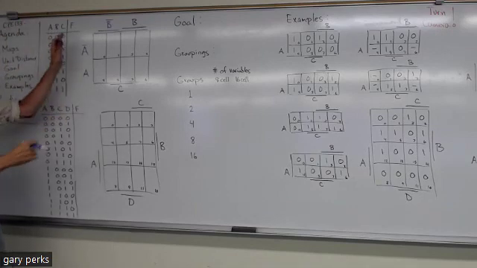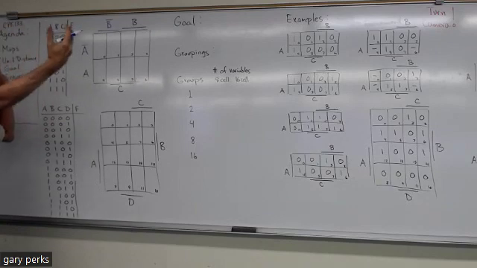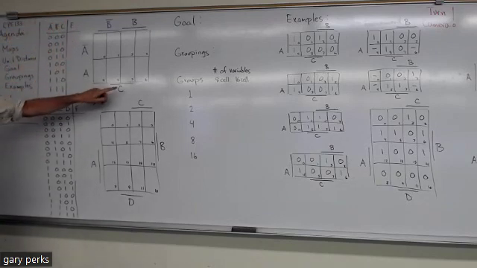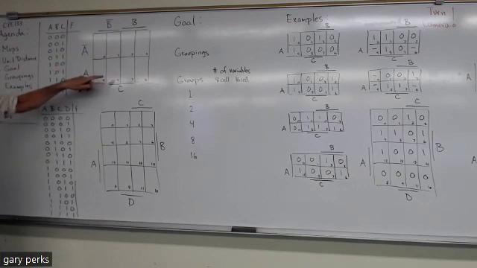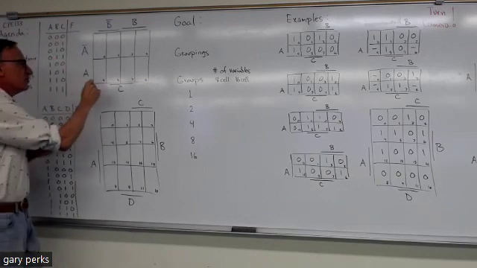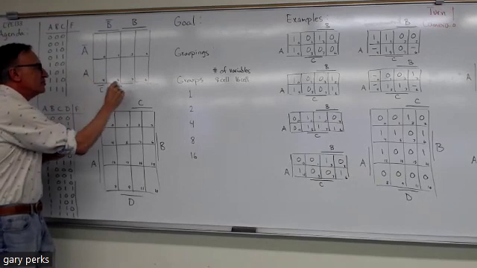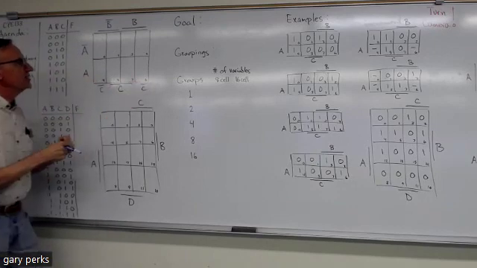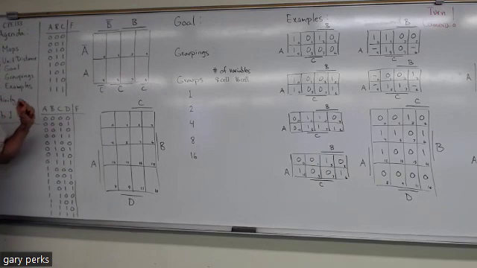And then C, which is the least significant bit, furthest to the right. If C is 1, that means you're going to have an odd index: 1, 3, 5, 7. So these two columns would be not C, because those are the even indexes, where C is 0.